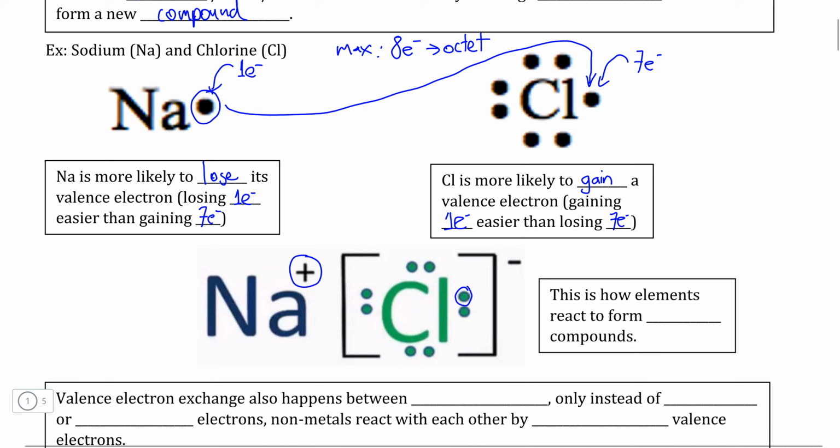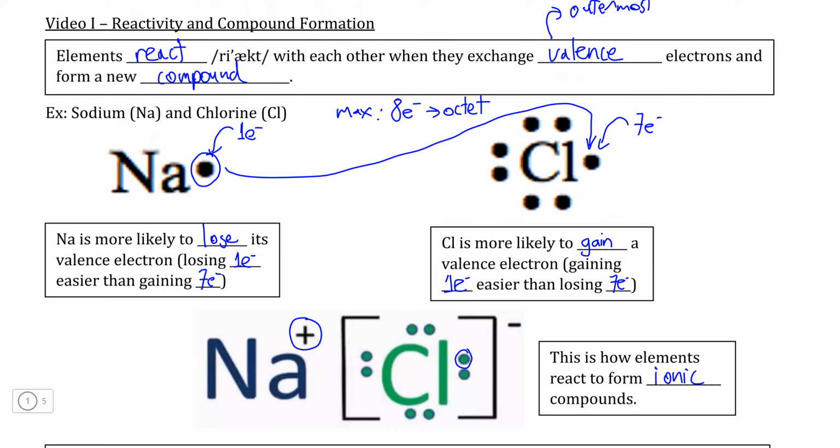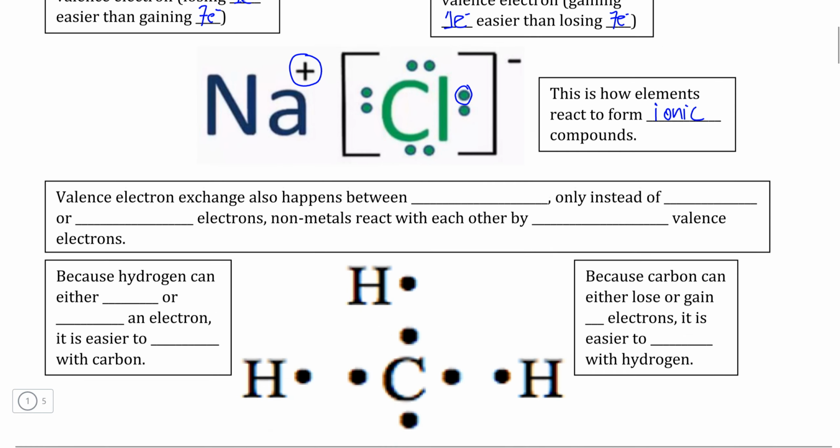This is not just how individual metal and non-metal ions form, but how the two ions come together to form an ionic compound. This basic idea of the metal losing its valence electrons while the non-metal gains additional valence electrons is basically how all ionic compounds form.